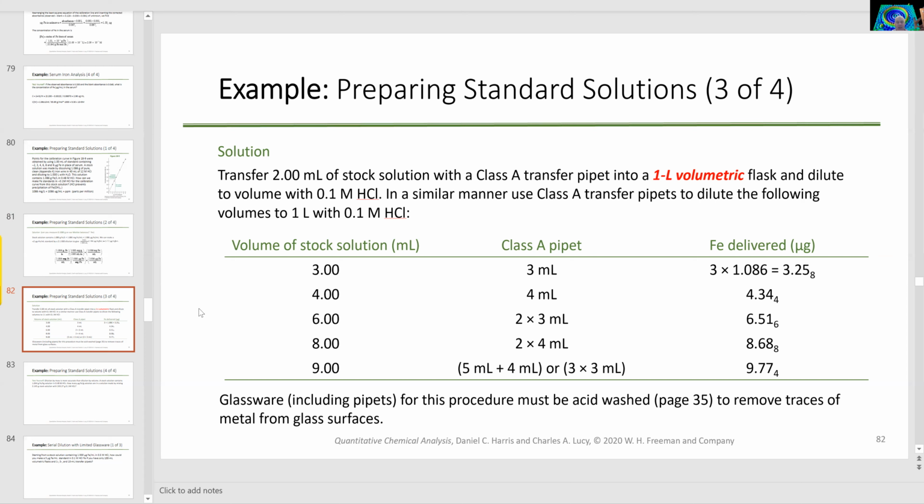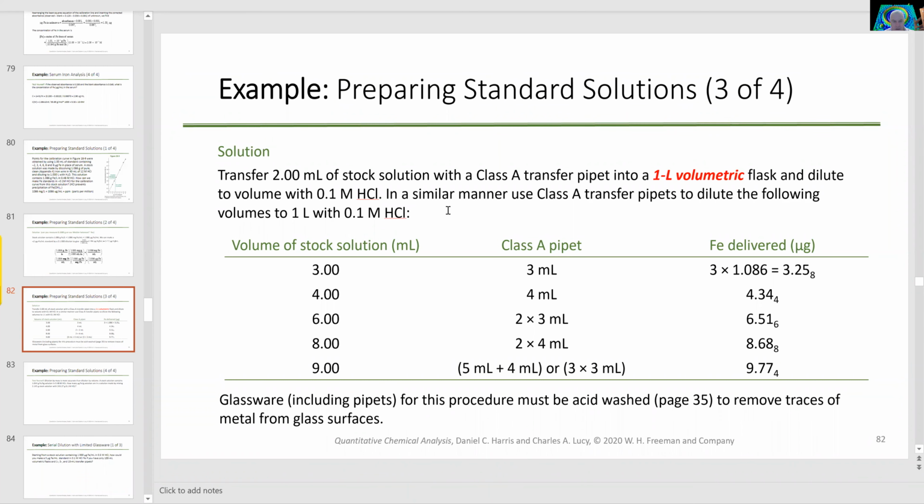It's actually really common to buy a stock standard, and they almost always come as 1,000 parts per million, plus or minus a little bit. So if we have 1,086 part per million stock standard, how can we create less? Can we start with, let's say, 1 milliliter of stock solution diluted, and then take a portion of that and dilute it a little bit more? Yes, absolutely. So we can do a serial dilution.